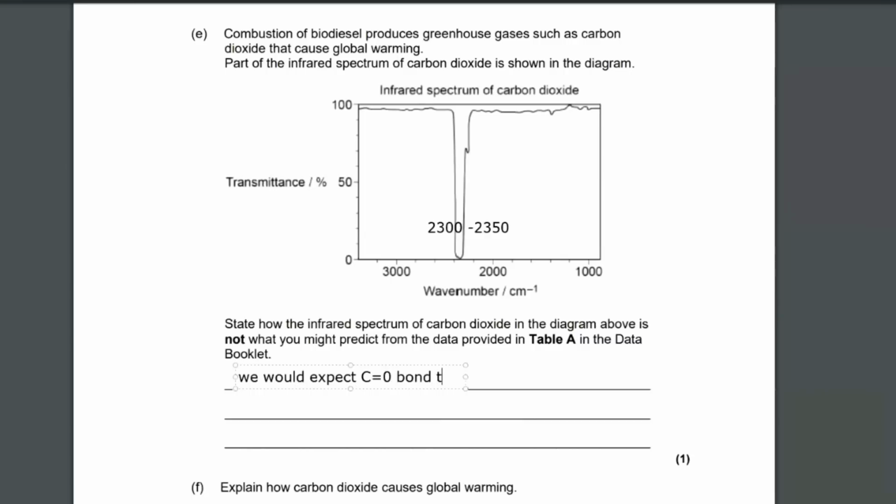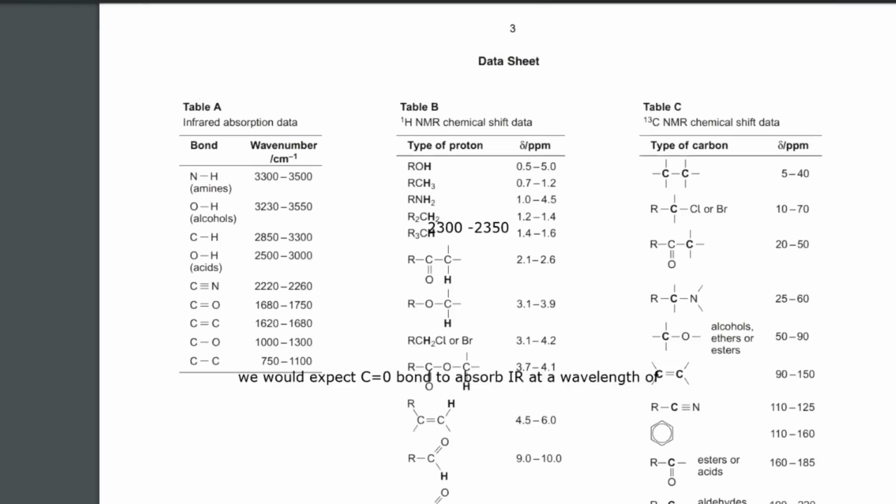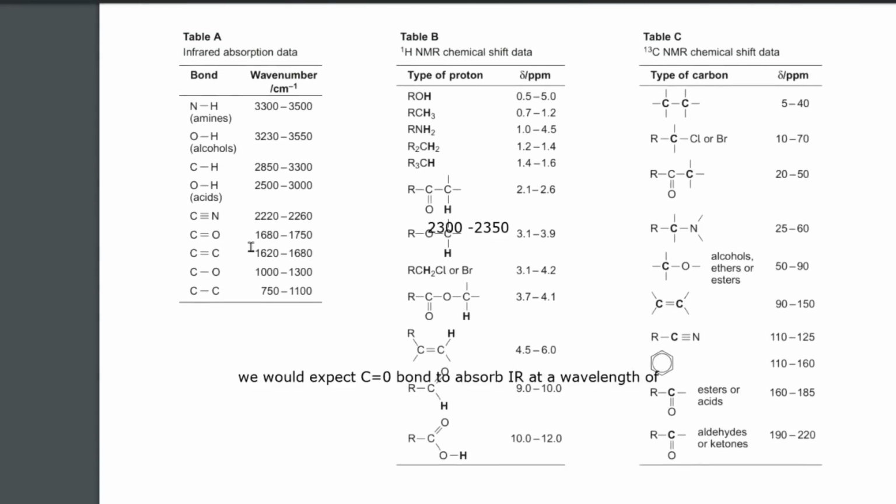That's where the C=O bond from the carbon dioxide should be. What we actually find here is we've got an absorption at 2,300 to 2,350, sort of around that range. We would expect it not to be there. In the data booklet, it should be 1,680, but there we go.